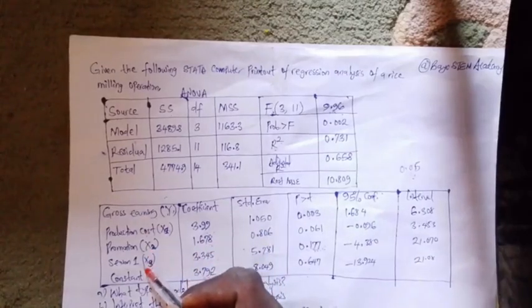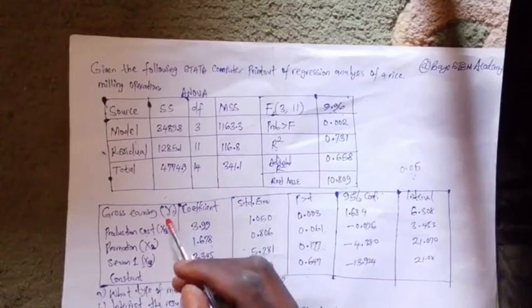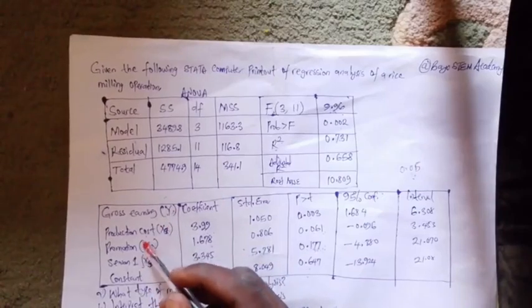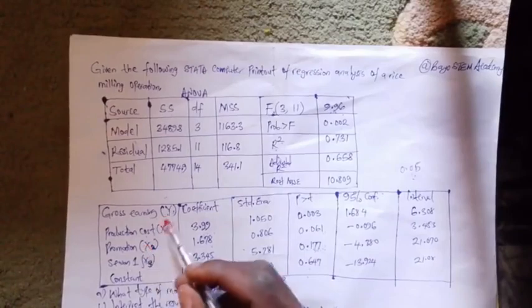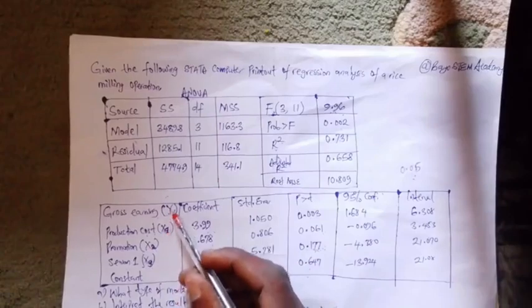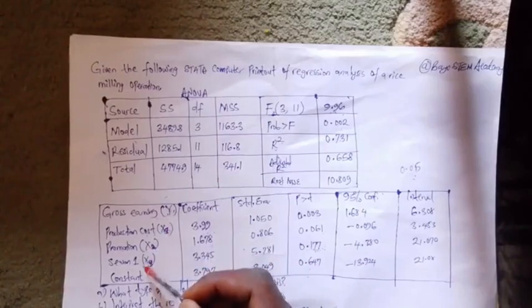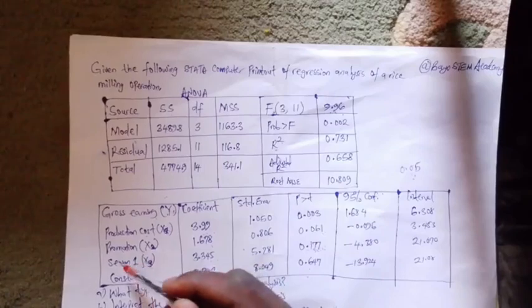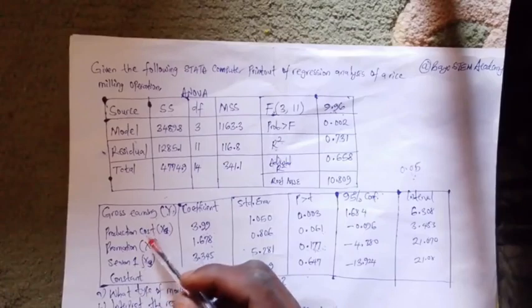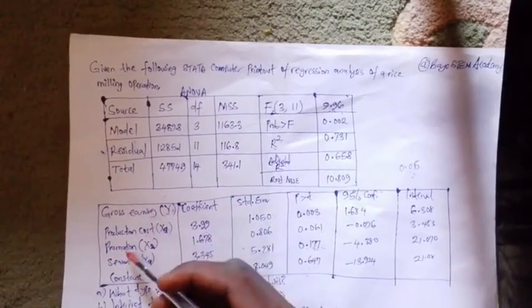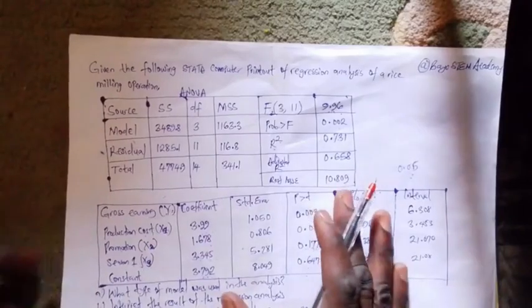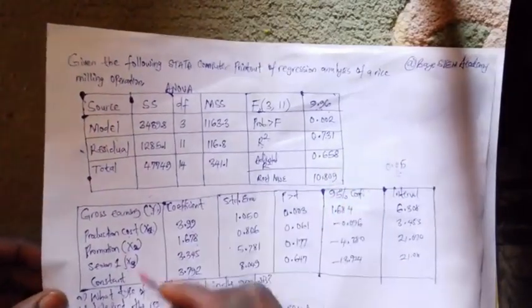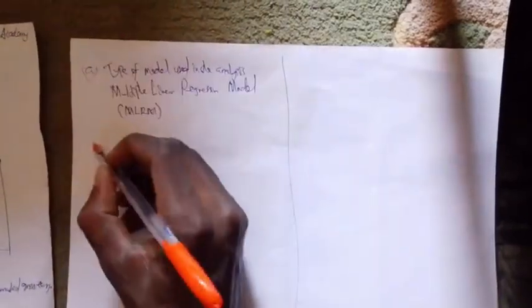So the reason why it is called multiple linear regression model is because the model encompasses one dependent variable and many independent variables: one regressand and many regressors, one predictand and many predictors, one endogenous variable and many exogenous variables. Is that understood? Good. Whether you see one dependent variable and multiple predictors, it is just a multiple linear regression model. Now we are done with question A.